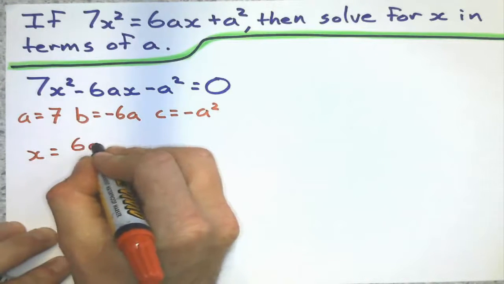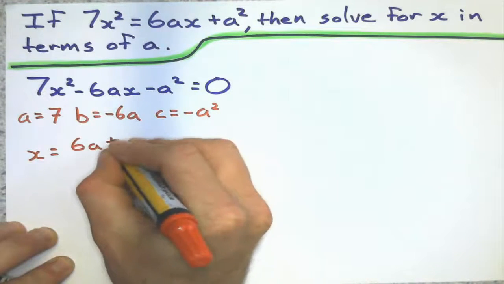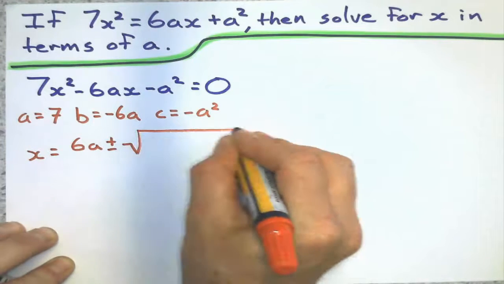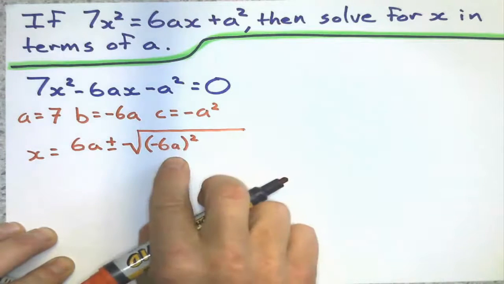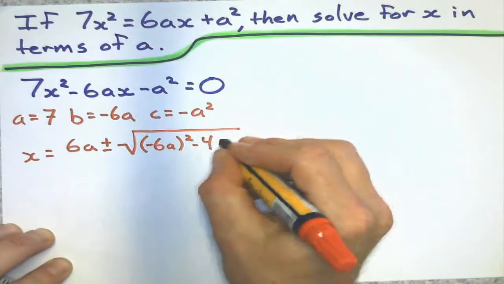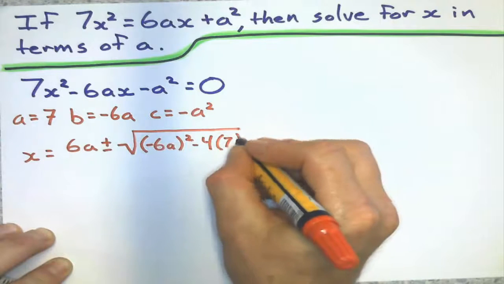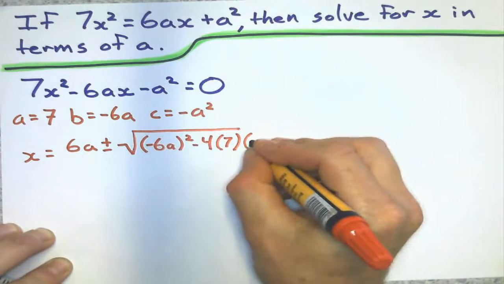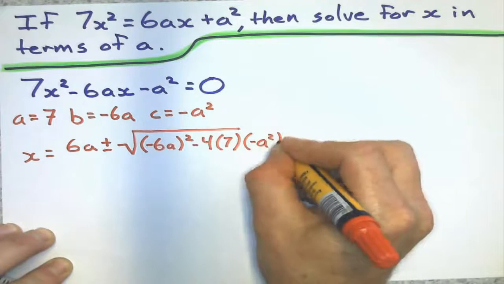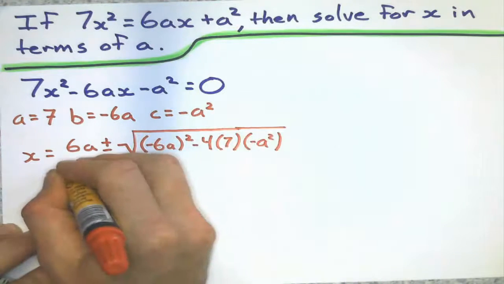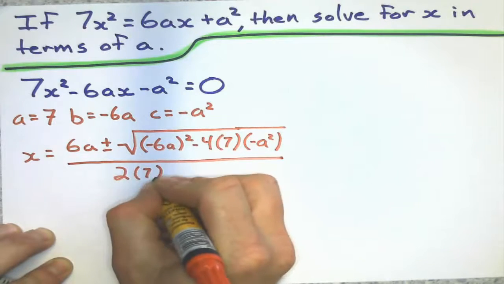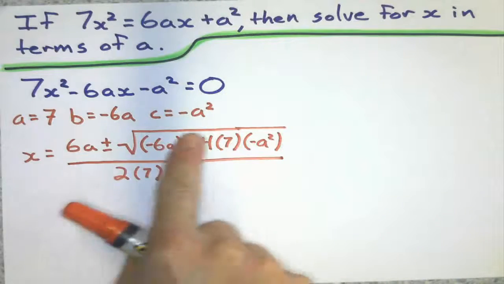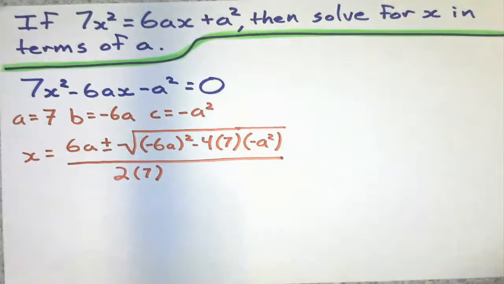The opposite of b is 6a, plus or minus the square root of b squared minus 4 times a times c, all over 2 times a. Okay? So with the quadratic, I just substituted all of these values into the formula.